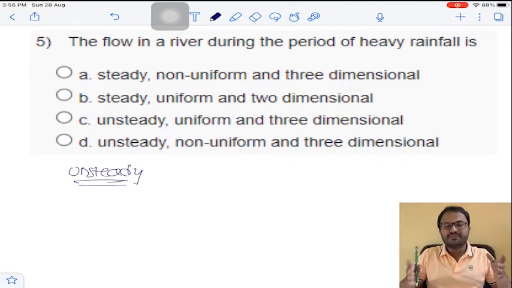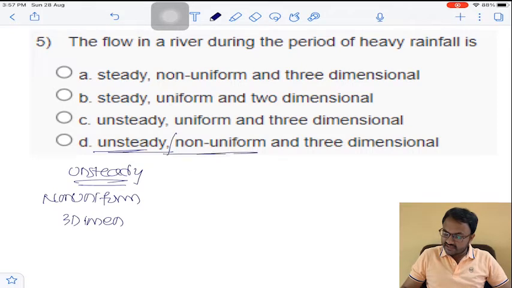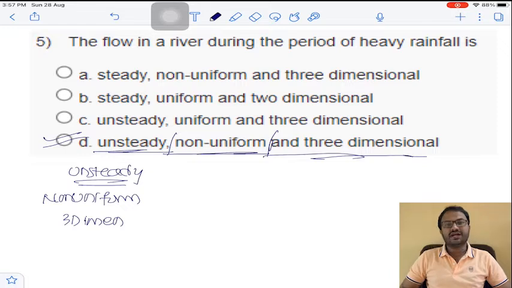And with respect to space as well, the parameters are not constant. The flow will become non-uniform. And it is flow in all the directions, not only x, y, z. Even depth of flow will change rapidly. It is 3-dimensional flow. So unsteady, non-uniform and 3-dimensional. Option D for question number 5.